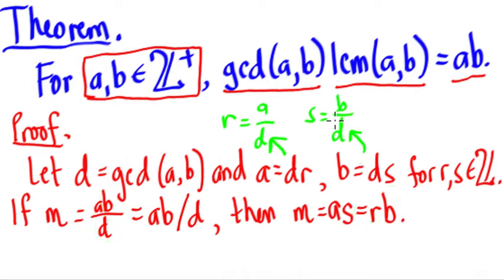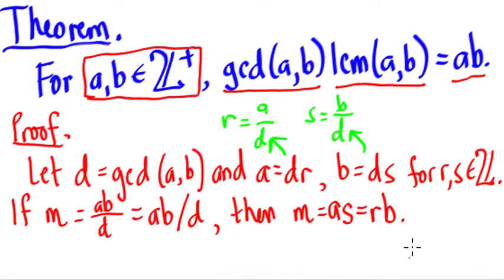For the other way around, we have our S. I'm referring now to the S. Our S is equal to B over D. So here we have B over D, which is equal to our S. So therefore, we have A times S. So that's why we have AS. So all of these are values of M.